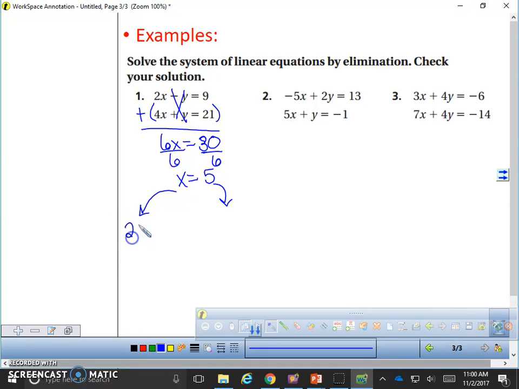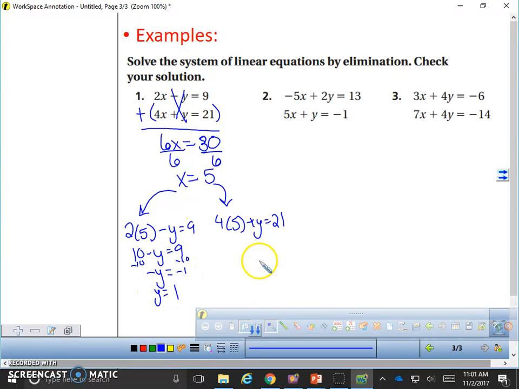So 2 times 5, minus y equals 9, and 4 times 5 plus y equals 21. 2 times 5 is 10, minus y equals 9. Negative y equals, I'm going to take away 10, negative y equals negative 1, y equals 1.